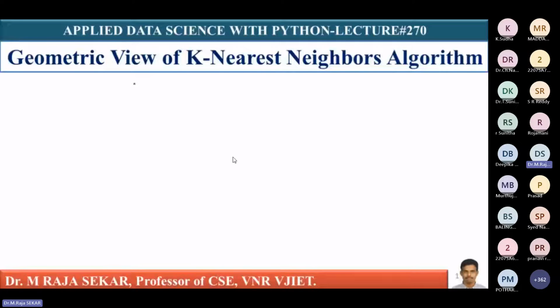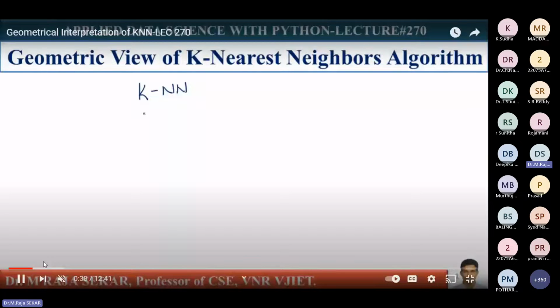That's why, as we were saying, our main intention is to understand the k nearest neighbor algorithm before understanding the mathematical interpretations. Now let's try to understand the simple geometric interpretation, or geometric intuition, of this k nearest neighbor algorithm.